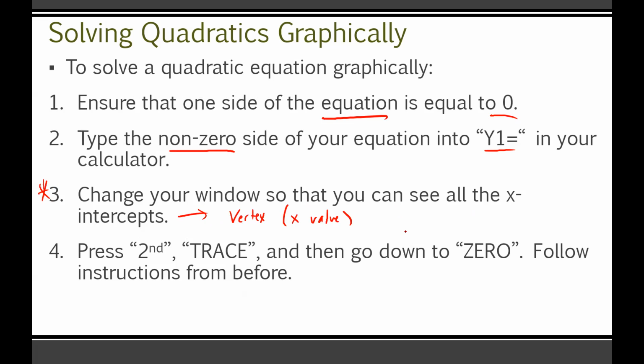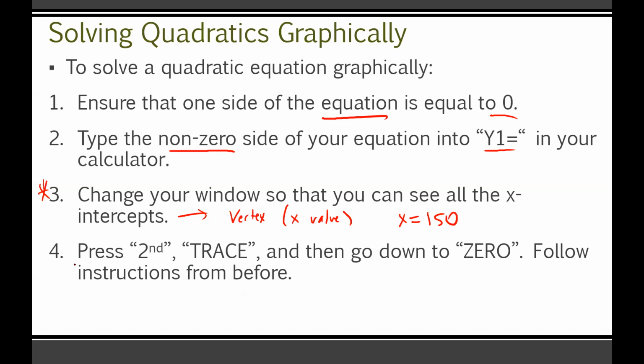So if you found that x equaled 150, then that means you've got one x-intercept that's going to be more than 150 and one that's going to be less than 150. So that might be a good starting point for you. But you don't have to do it by any means. You can just play around with the window until you find it. And for the most part, the ones we'll deal with are not going to be a huge mystery to find.